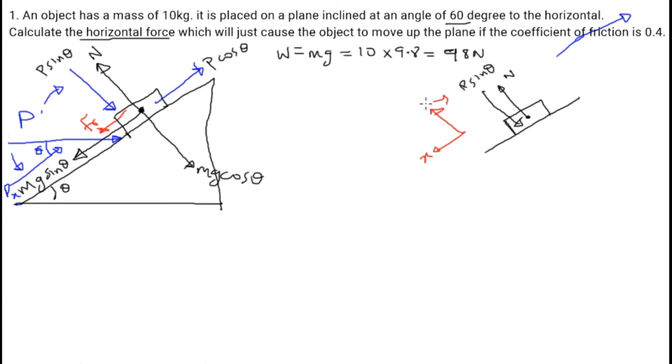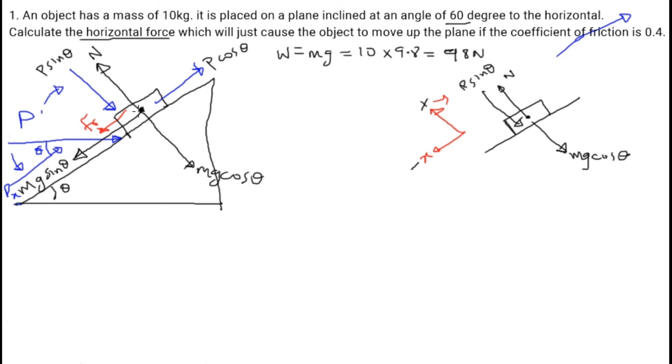Okay, this is referred to as the positive y-axis, and I will be referring to this point as the negative x-axis, while this will be the positive x-axis. All right, and down this I'll have mg cos theta.